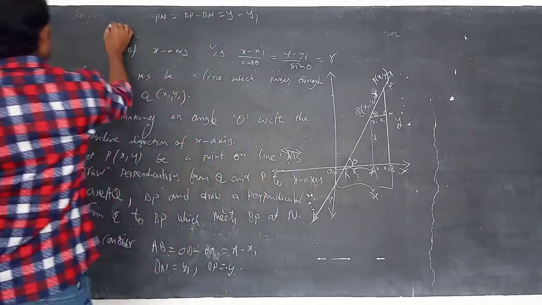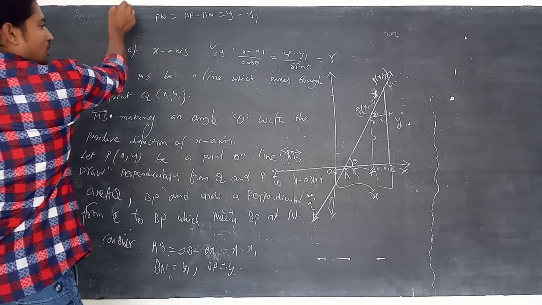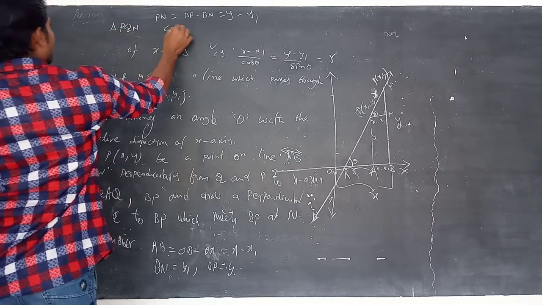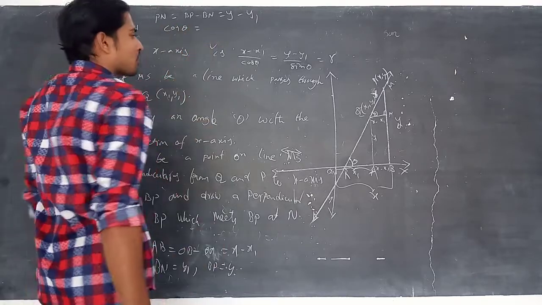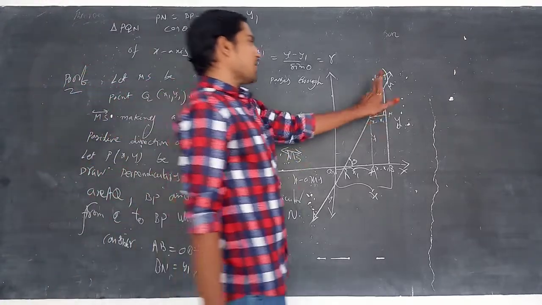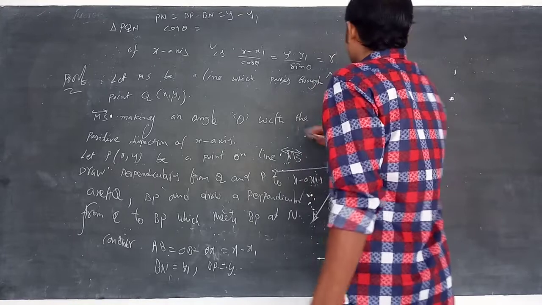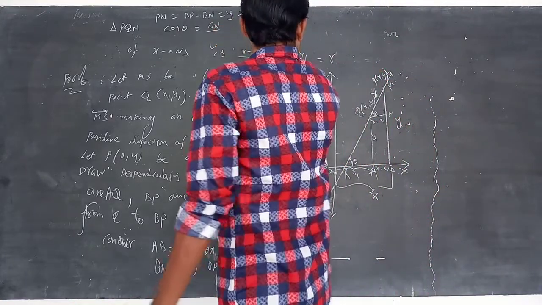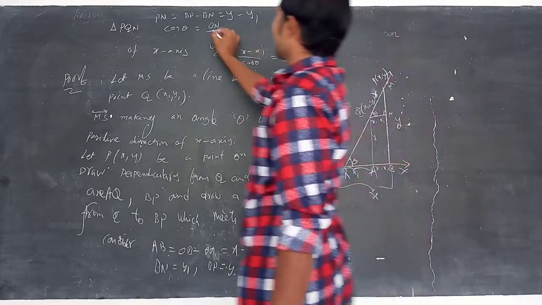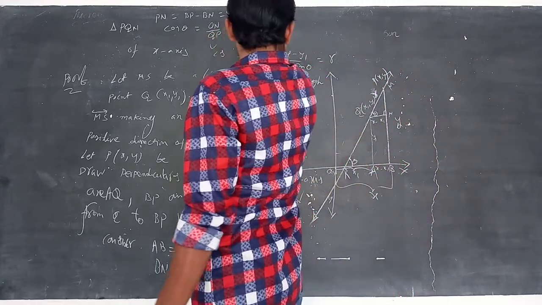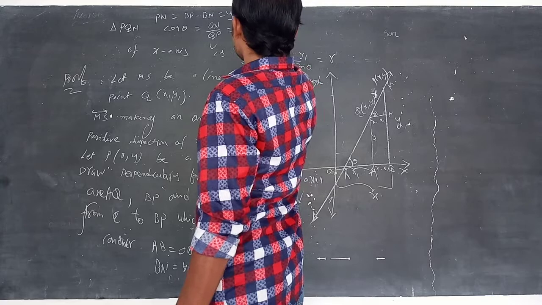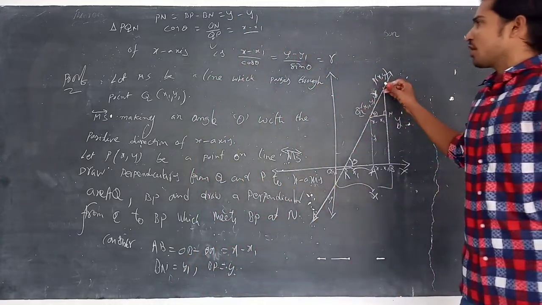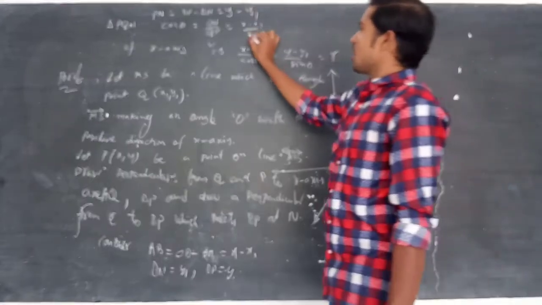In triangle PQN, cos theta equals adjacent side by hypotenuse, QN by, what is the hypotenuse here? QP. So what is QN? x minus x1. What is QP? QP is the direct distance between the two points P and Q, that is r.